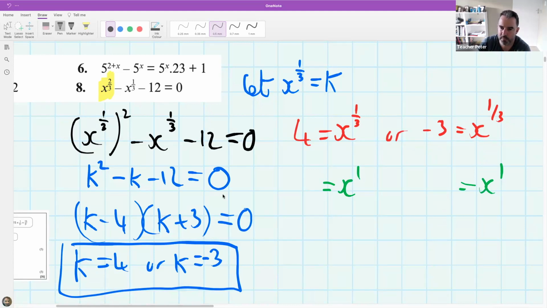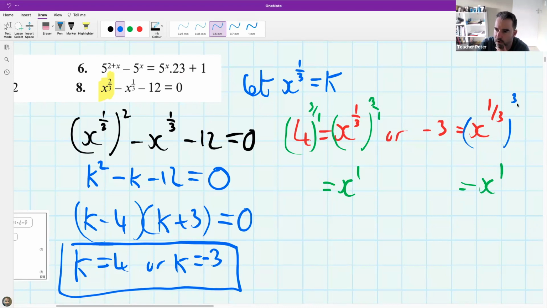I'm remembering from the last lesson that I have to raise this side to the power of 3/1, but then I also have to raise this side to the power of 3/1. And over here, I have to raise this to the power of 3/1, and then I have to raise this to the power of 3/1. So what are my answers going to be?